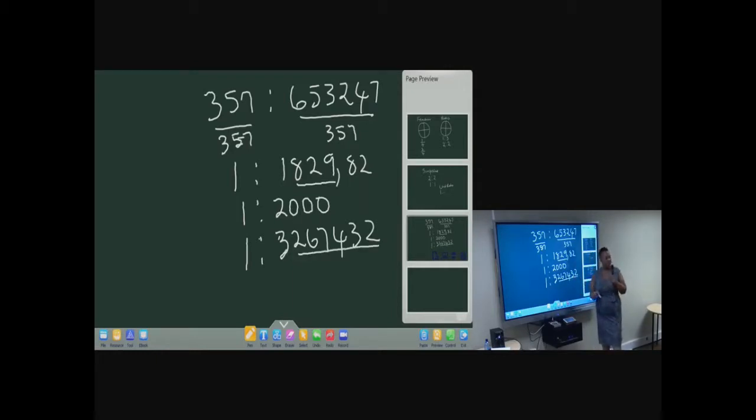Half of a million is 500,000. Now this number is far below 500,000, so like in rounding, you will discard it. So your rounding to the nearest million is 1 is to 3 million.